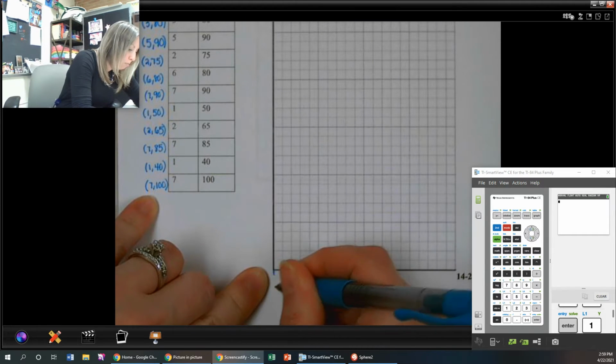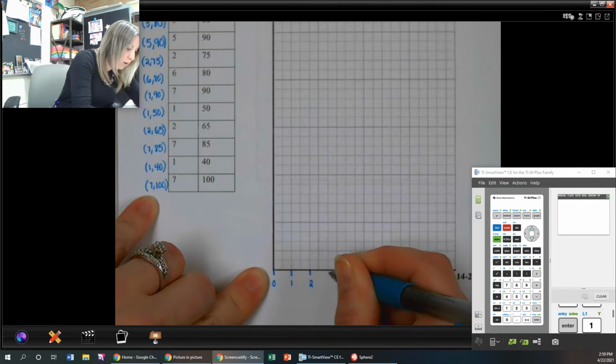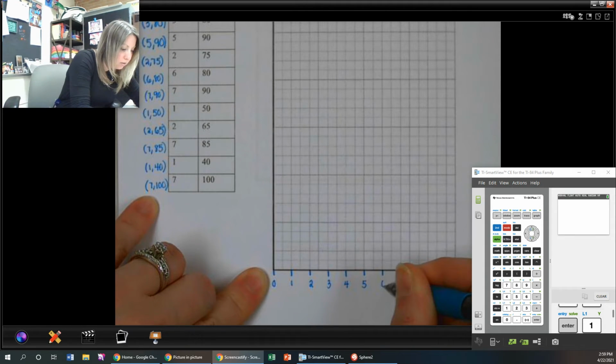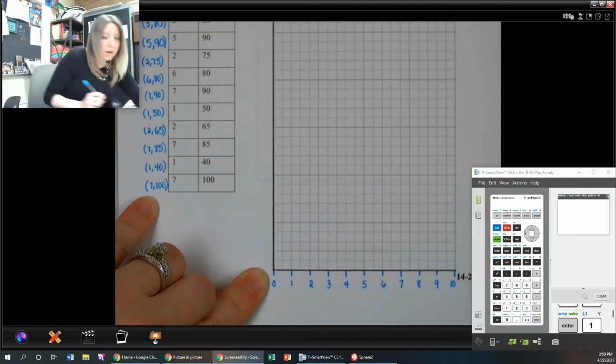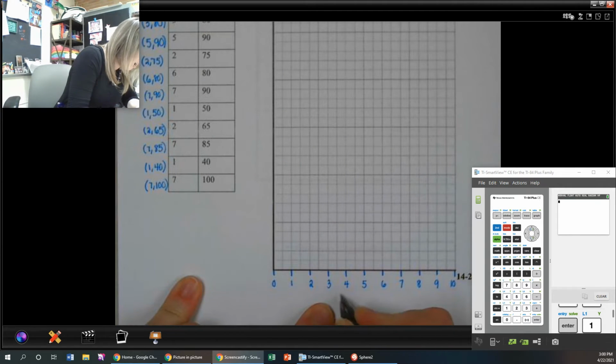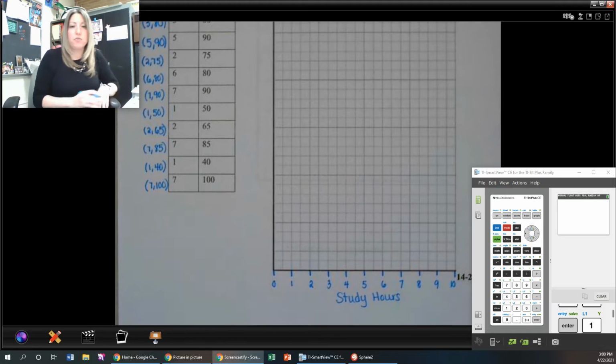Let's go by halves. Every second line is where I'm going to put a mark and scale. And let's label down here: hours studied. So we know that's our variable.